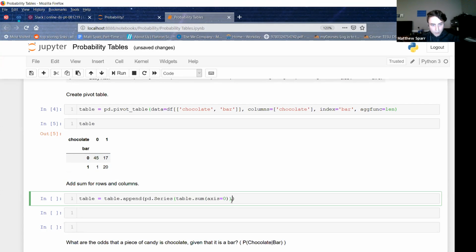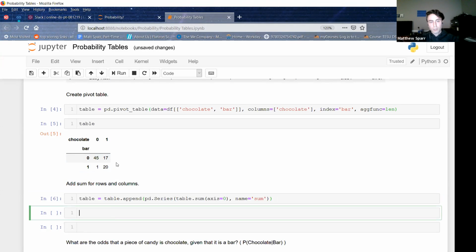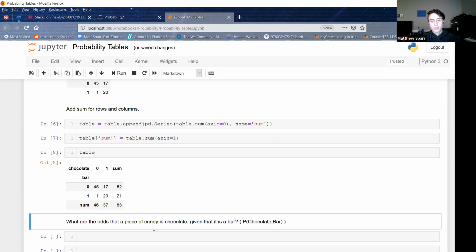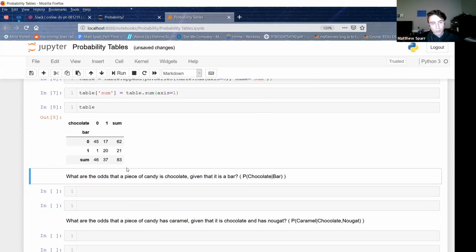And then, let's see, you also have to pass in a name to the series, and we'll just call it sum. So if we run that, that'll create our bottom row, and then we also have to add our column on the side. To do that, we'll just create a column called sum, and then pass in a list of the sums along the first axis. And if you print out the table, then we have all the sums.